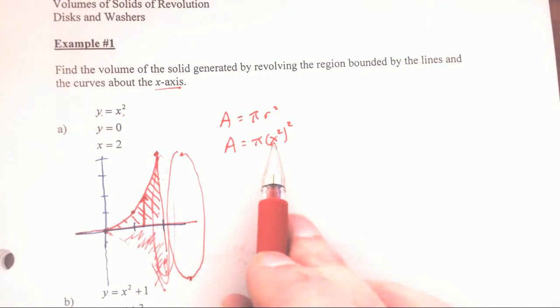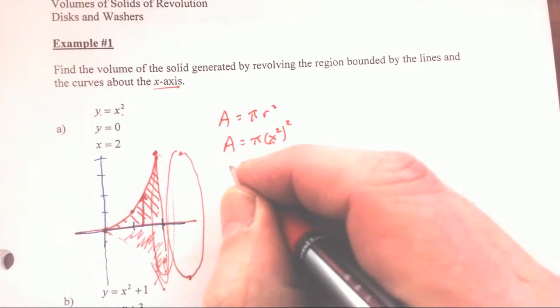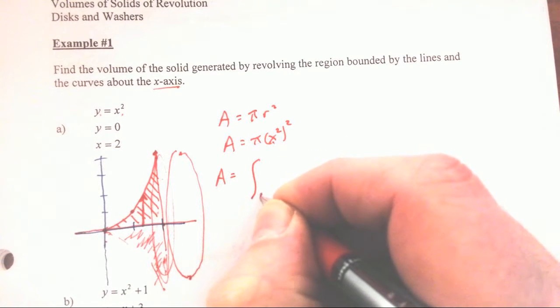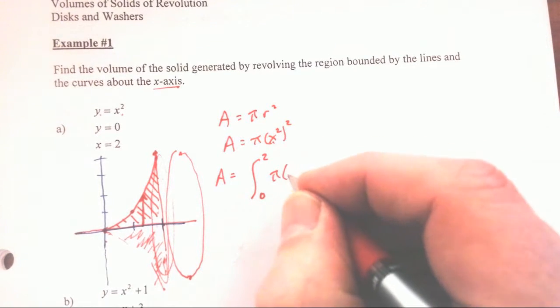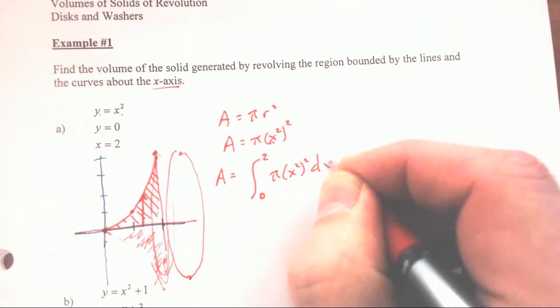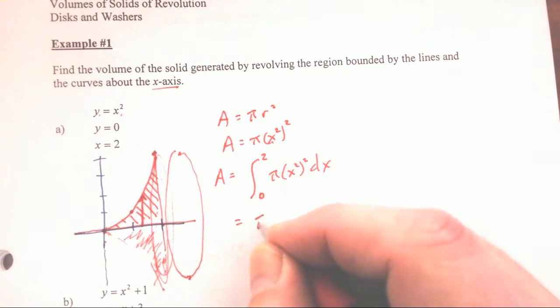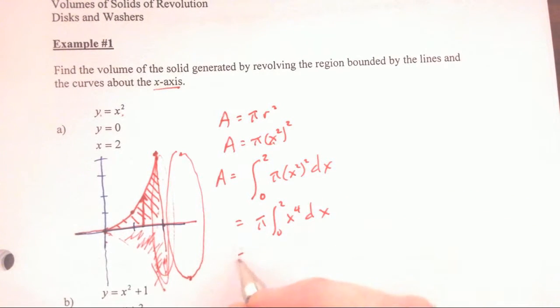And what are we letting the values of x run from? From 0 to 2. So our volume equals the integral from 0 to 2 of pi times x squared squared dx, or pi times the integral 0 to 2 of x to the 4th dx, which of course is pi times, that wants to be x to the 5th, but it's divided by 5.